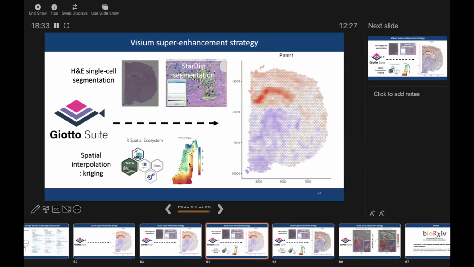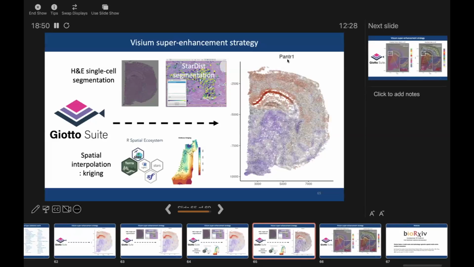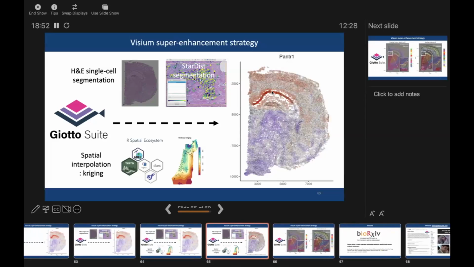People also use this in geostatistics, for example, to predict the amount of rain accumulated somewhere where there is no weather station. But long story short, you can go from something like this to something like that, where now you have predicted values in individual nuclei rather than individual spots.